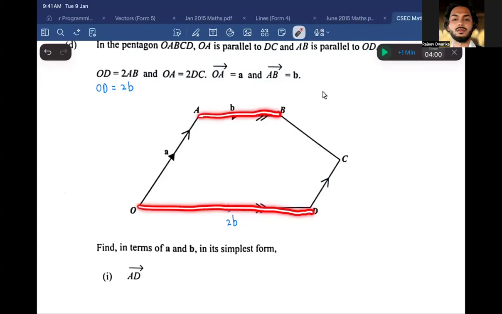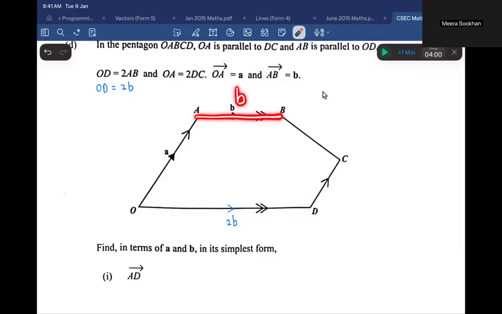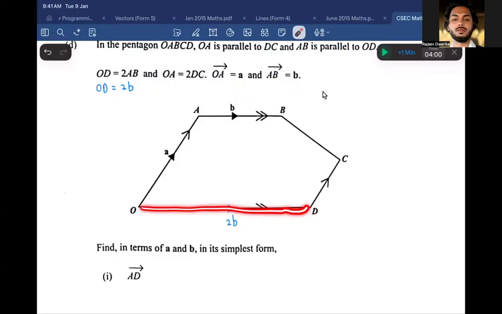It looks like OD is how many times bigger than AB? Twice the size. Yeah. So if AB is represented by B, what do you think O to D is? 2 times B will be 2B. That's it.